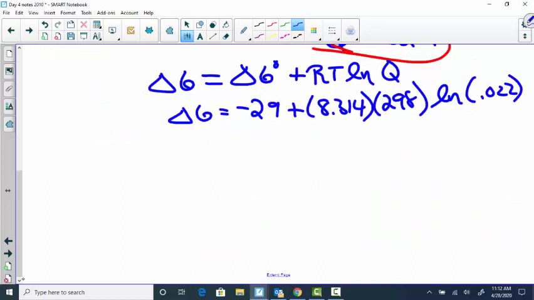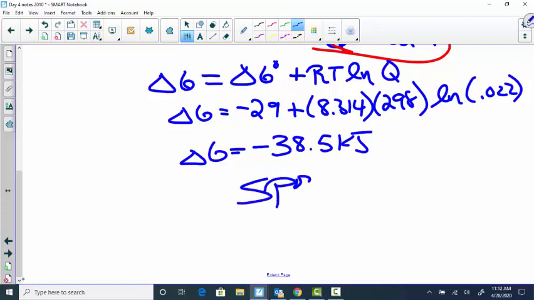And I'm going to assume that you can do math. So the Gibbs free energy of this comes out to be minus 38.5 kilojoules, which basically means this is a spontaneous reaction. Okay? So, a lot going on there, but like I said, this is a plug and chug type of problem. And that's all there is for free energy and pressure.